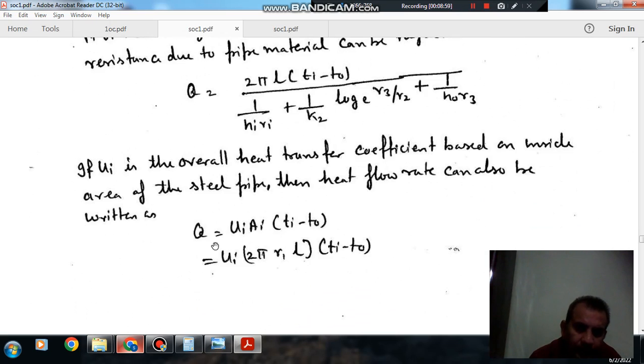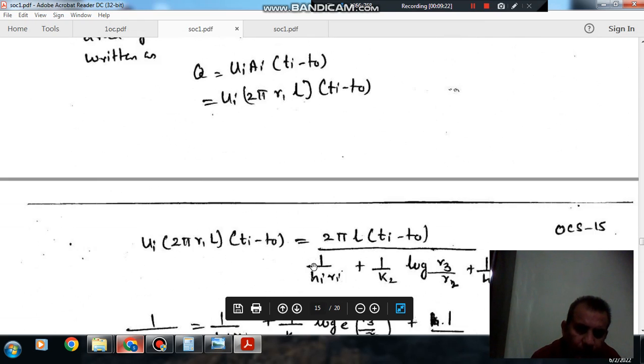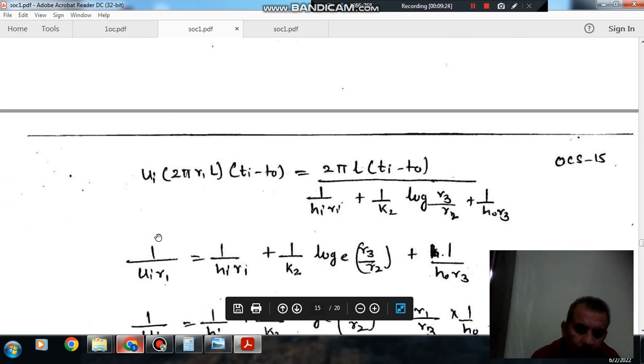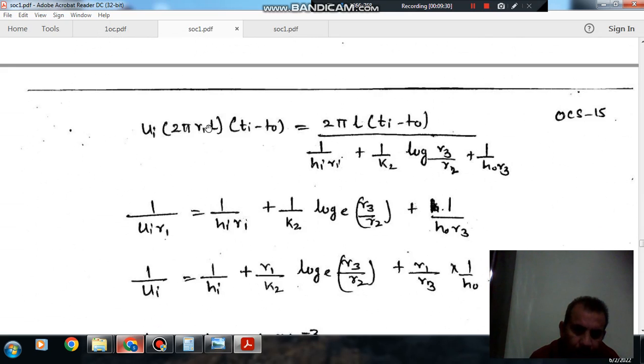If we want to find the overall heat transfer coefficient based on inner area, then the heat transfer will be Ui Ai (Ti minus To), and Ui Ai is 2 pi Ri L. Equating these two, we can cancel out common terms and get 1 by Ui Ri as this expression.